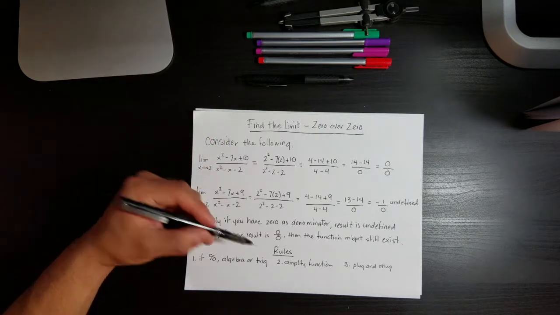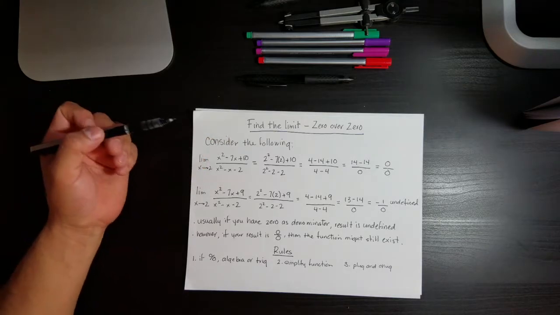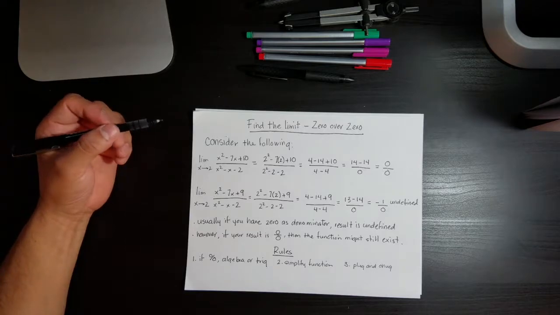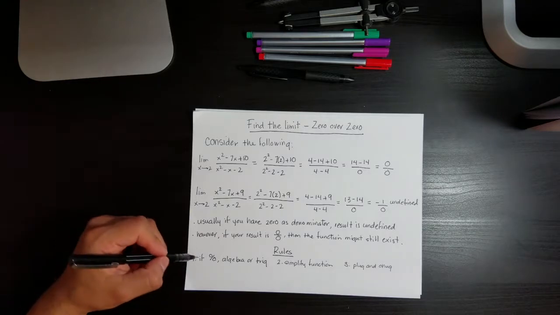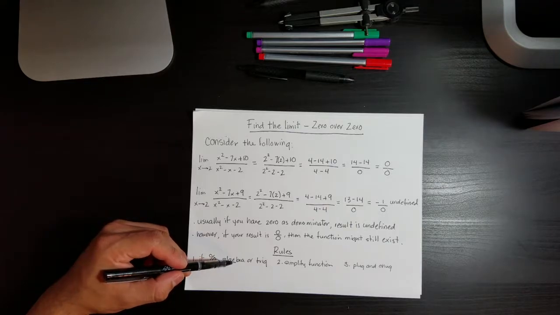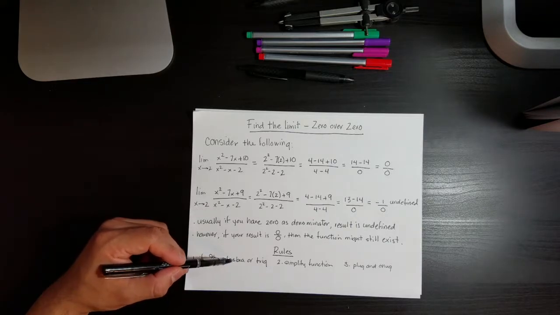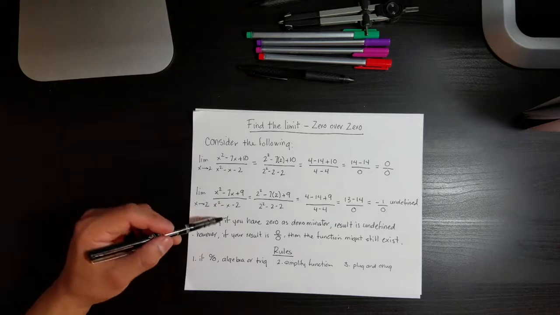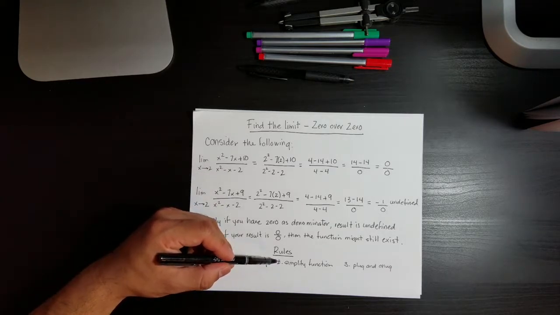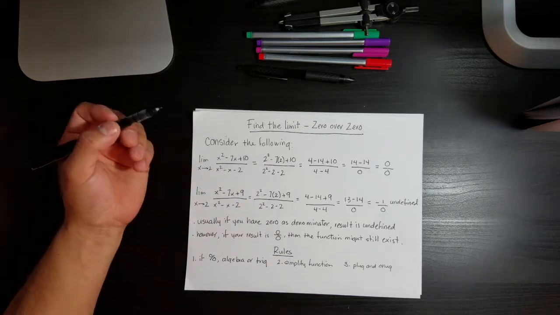So there are 3 basic rules when finding the limit if you get 0 over 0. First, if you get 0 over 0, you can try simplifying the function by doing algebra or trigonometry, depending on the problem that you're looking at. Second, simplify the function, of course.